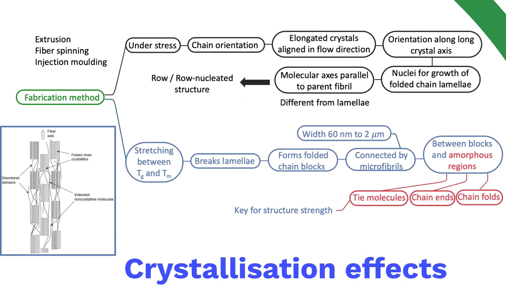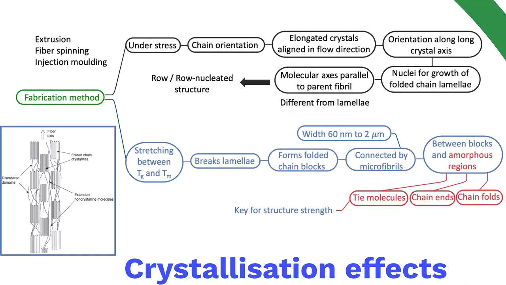Depending on the fabrication method, if you use methods such as extrusion, fiber spinning, or injection molding, that means you're applying stress to the system to obtain chain orientation. You have elongated crystals aligned in the flow direction.